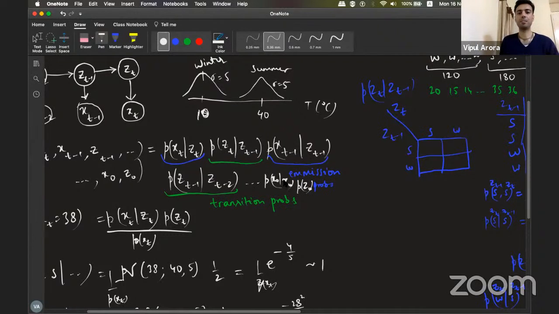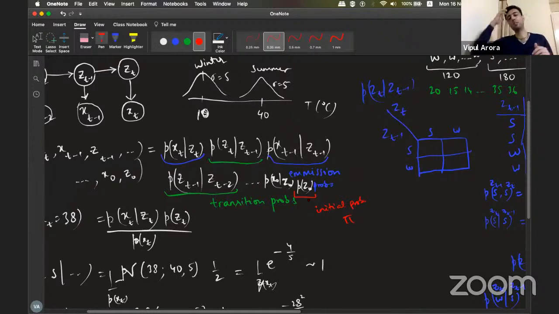This is the emission probability, this is clear. But what is p of z0? It is a different thing. It is called the, I forgot the name exactly, maybe the initial probability or state initial probability. It is denoted by the symbol pi. So initial probability, that also you need.